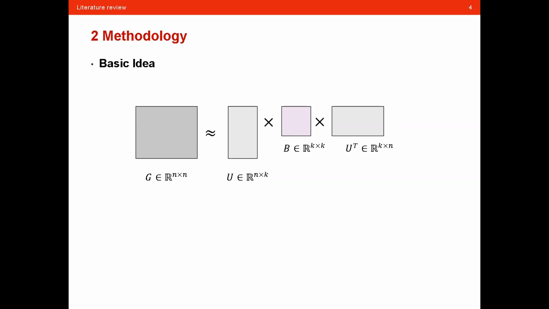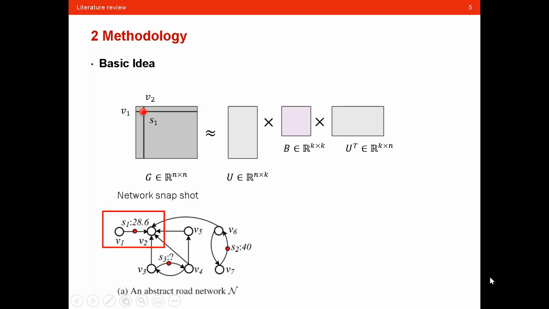Now let's see what this paper did for traffic prediction. The basic idea of this paper is based on the framework of matrix factorization. As you can see, here is the basic framework. G is the network snapshot, in which each row corresponds to a road network vertex.